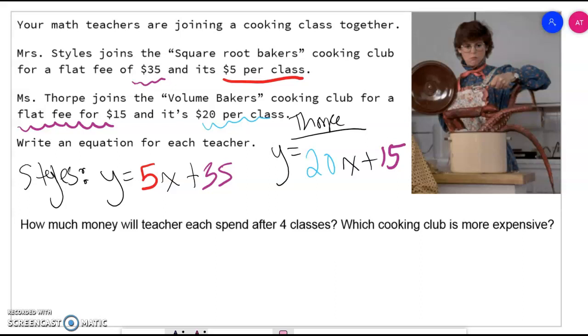We have to figure out how much each of us is going to spend after 4 classes. So plug in 4 for your x for each of our equations. And let's see what you get. Do the math, pause the video, and see if we get the same answer.